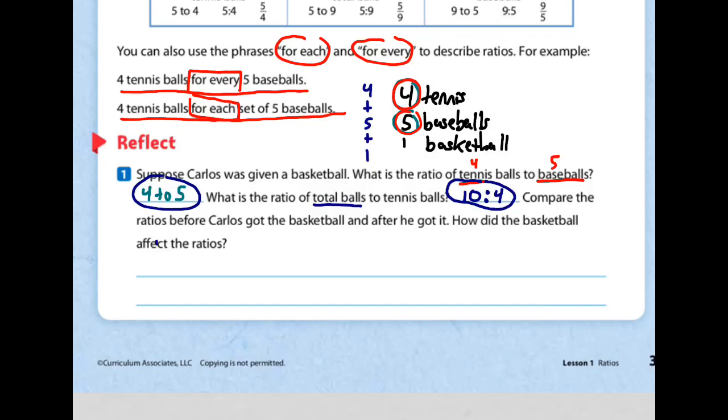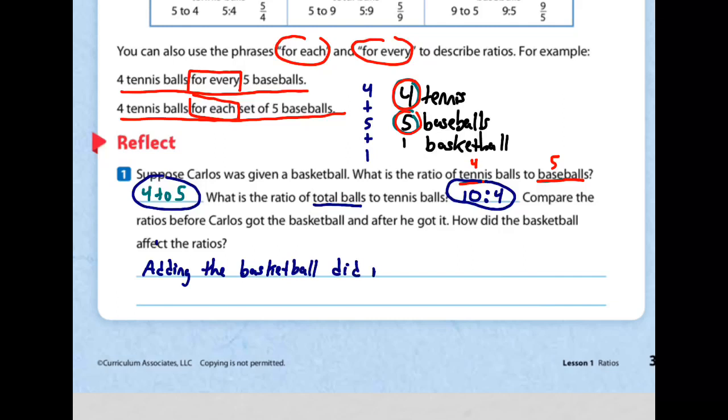So I'm going to just put that in a sentence or two. I'm going to say, adding the basketball. Remember, you do not need to have the exact words as long as we're looking for this idea. Adding the basketball did not affect the first ratio.